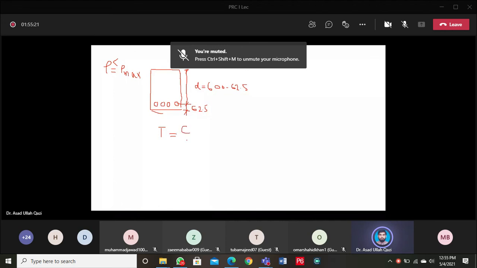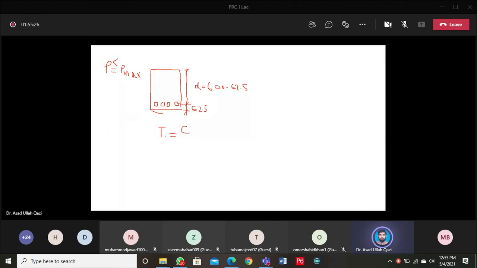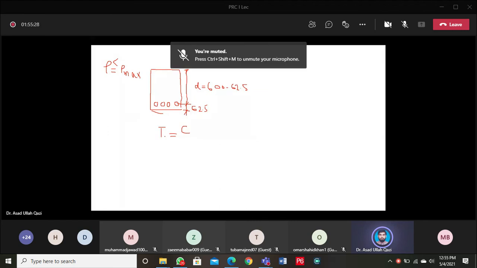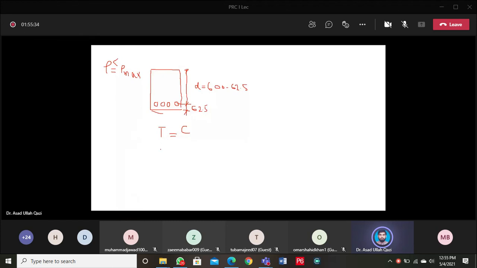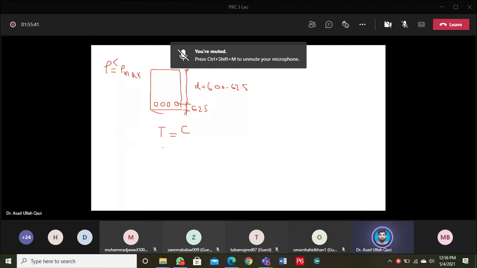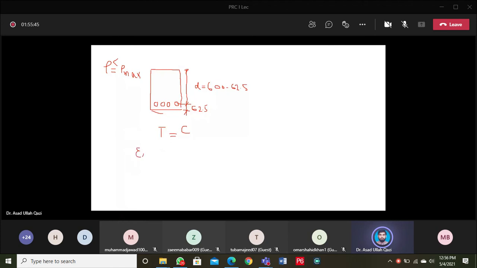and now since you have finalized the rho value as well, you can very easily calculate the C value. From that C value, you can calculate the epsilon s, and that epsilon s definitely will be greater than 0.005.